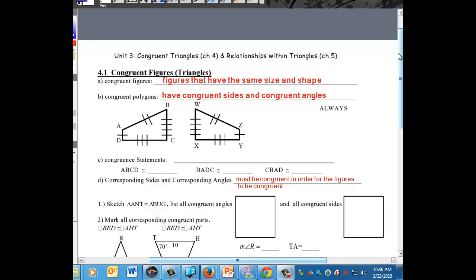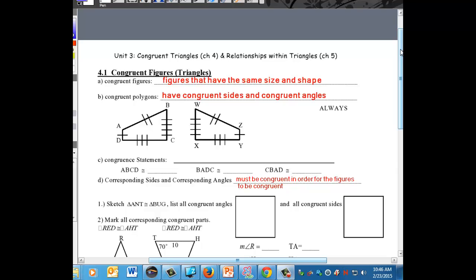Alright, today we are looking at 4.1 congruent figures, and specifically with triangles. So we've looked in our room in the past and we saw that the chairs have the same size and same shape, and that certain tables have the same size and same shape.